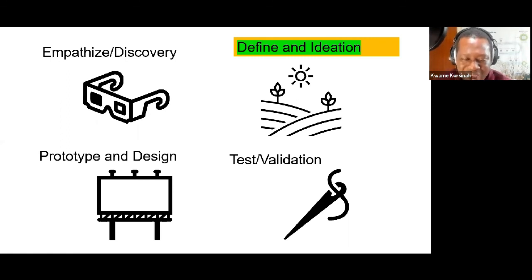What do I do when I am analyzing the information? Those are some of the key things I'll touch on, using both the design thinking context and the business analysis and product owner context, for the next two sessions before we go into prototype and design and finish off with test and validation.